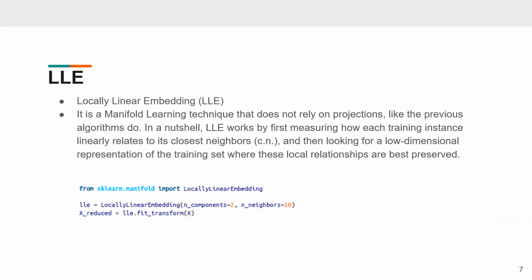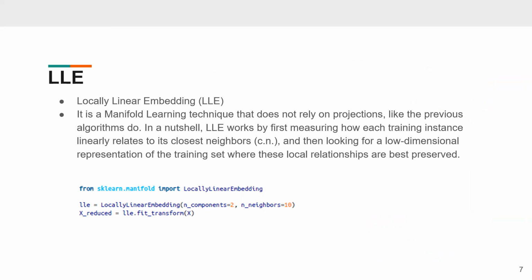That's kernel PCA. Now we want to move on to another methodology called locally linear embedding, LLE in short. It is a manifold learning technique that does not rely on projections like the previous algorithms do. PCA is based on projection, kernel PCA is based on projection, but LLE is based on manifold learning.